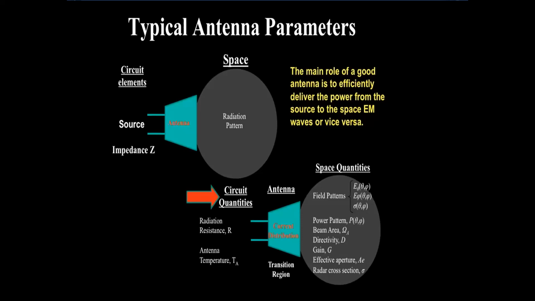It radiates from the source through the antenna to the space, or vice versa, from the space through the antenna to the load. To understand the radiation and how it propagates, we can look at the different fields, the radiation patterns, the directivity, the gain, and so on.